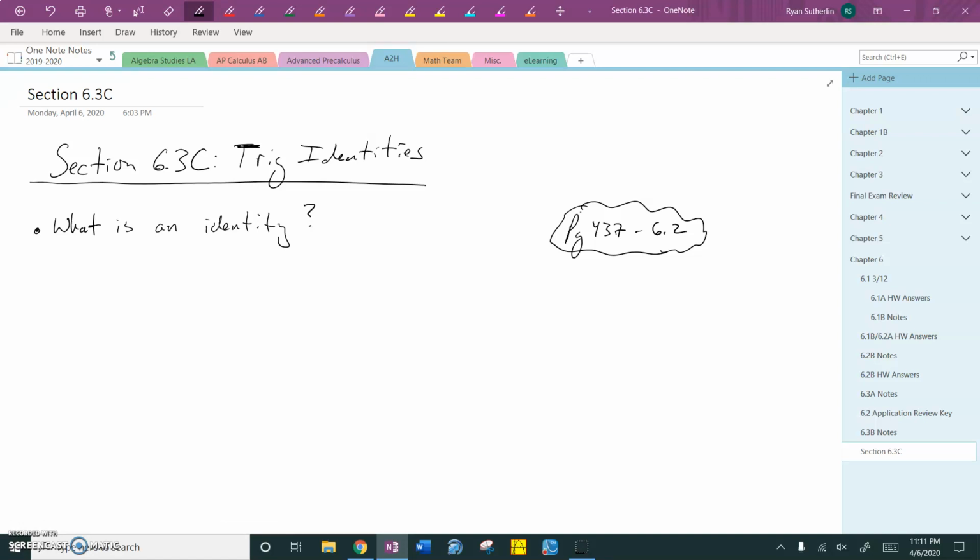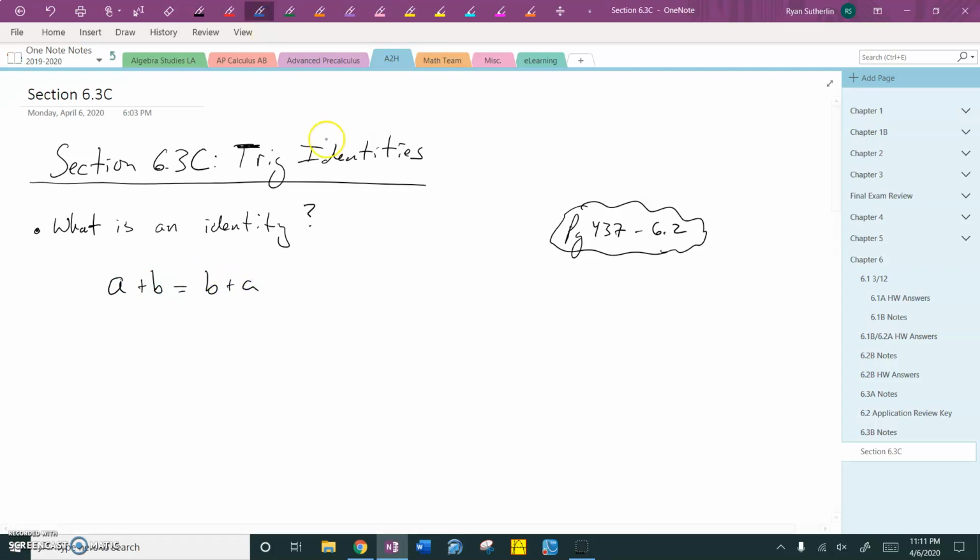So first of all, what is an identity in mathematics? An identity is something that's always true. For instance, one of the first identities you learn in math is the commutative property, the idea that a plus b equals b plus a.